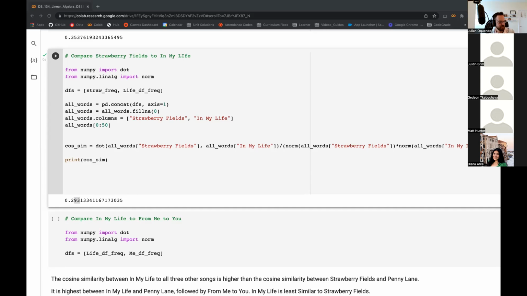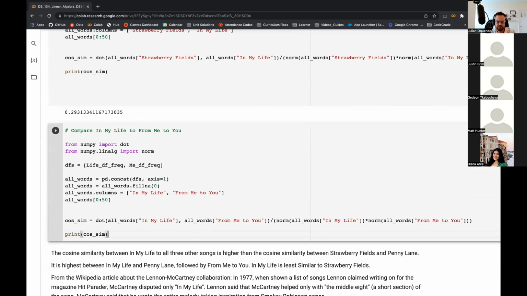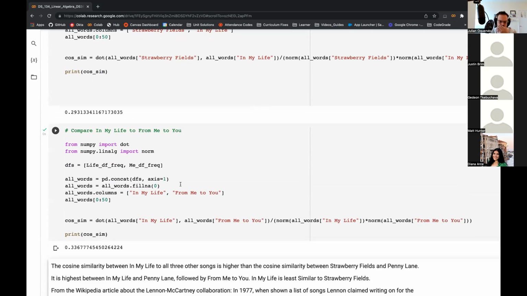And finally, if we compare the songs In My Life to From Me to You, essentially the same process, the collaboration to the disputed song, we see that we get a cosine similarity of 0.333.